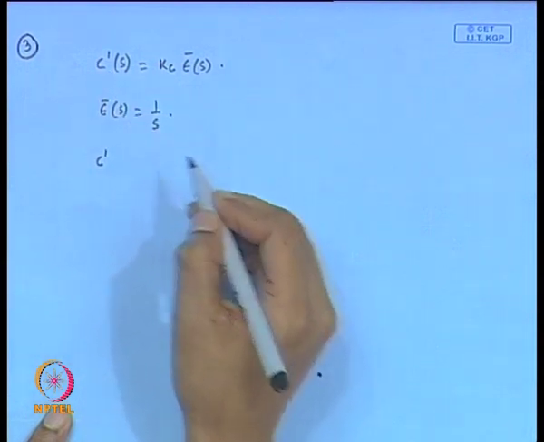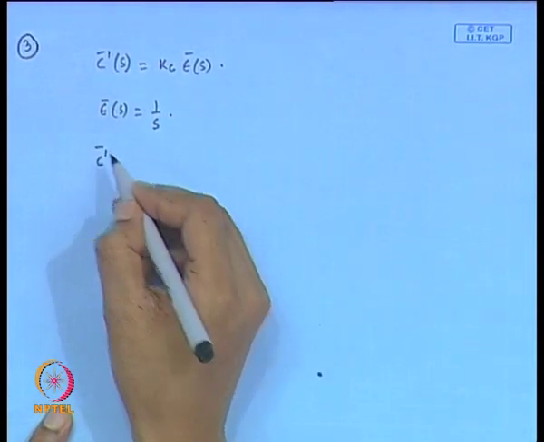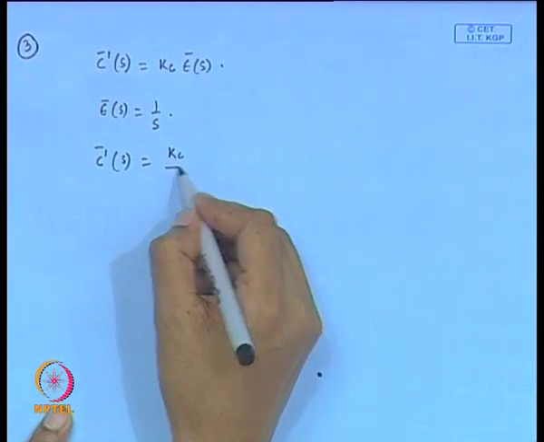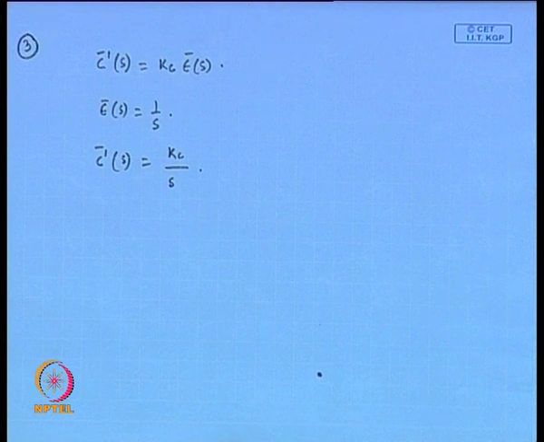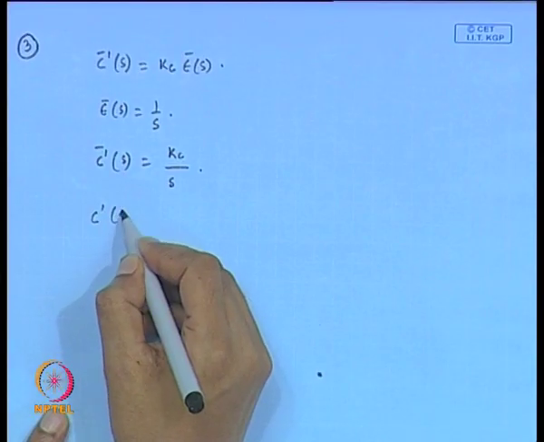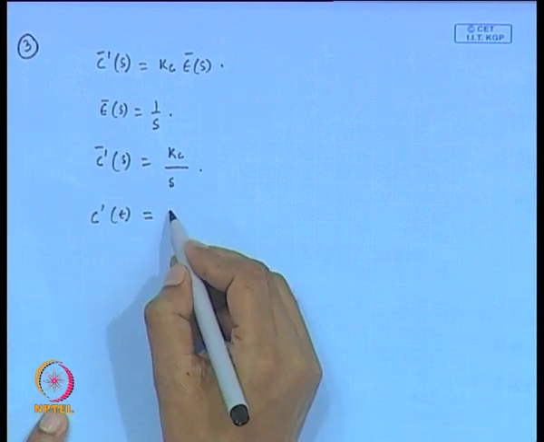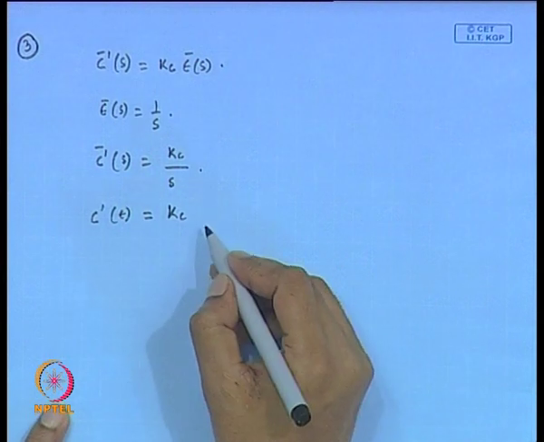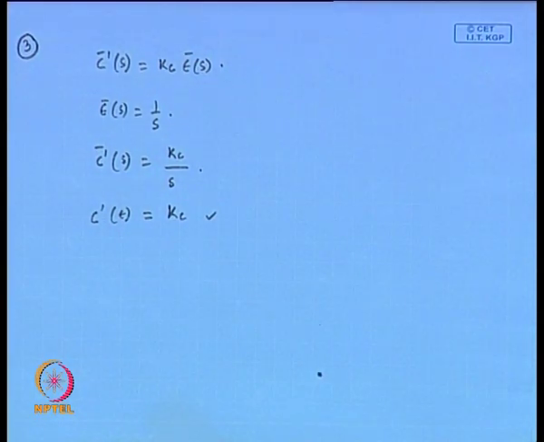Then the controller equation yields C bar prime(s) equals Kc by s. If we take the inverse Laplace transform, we obtain C prime(t) equals Kc.